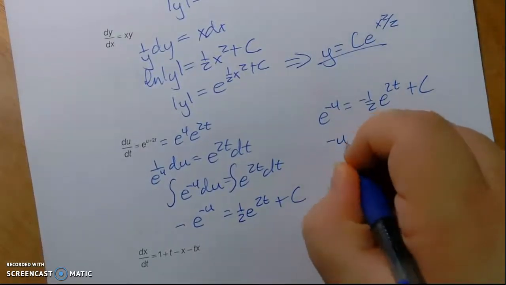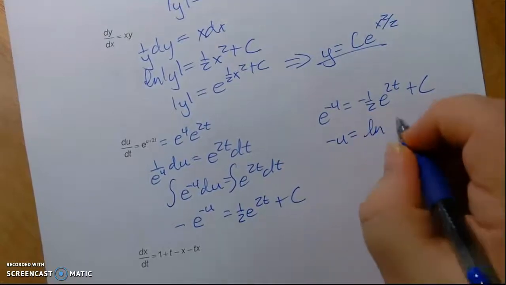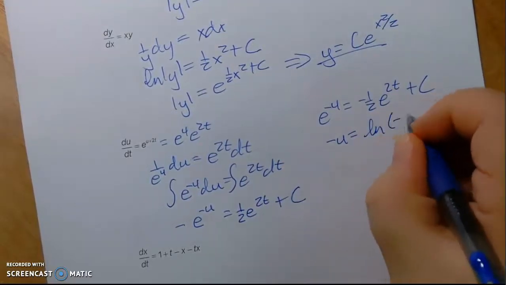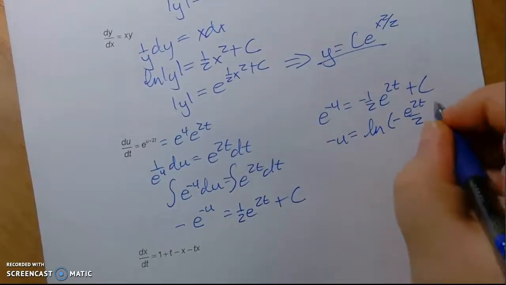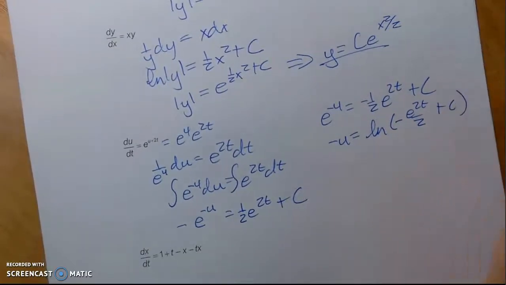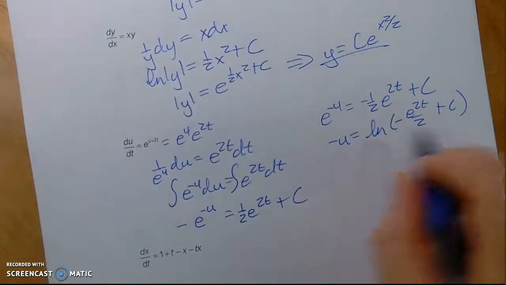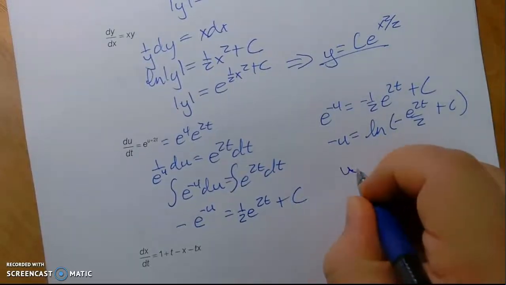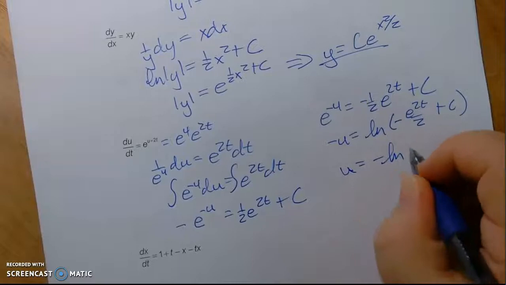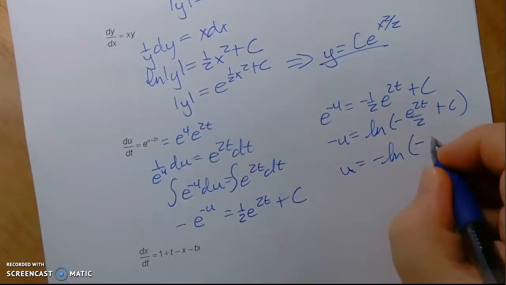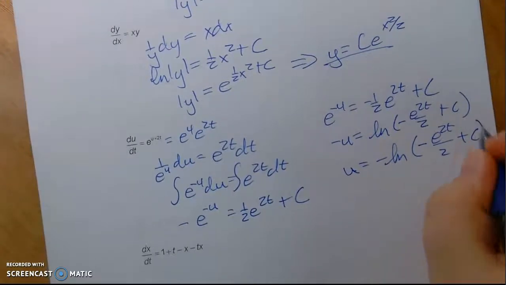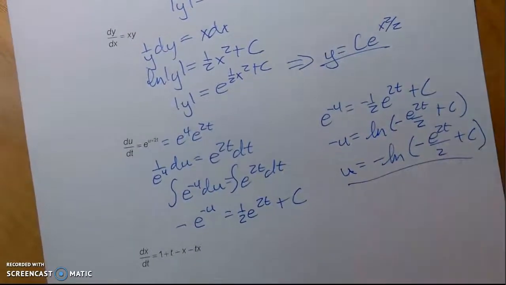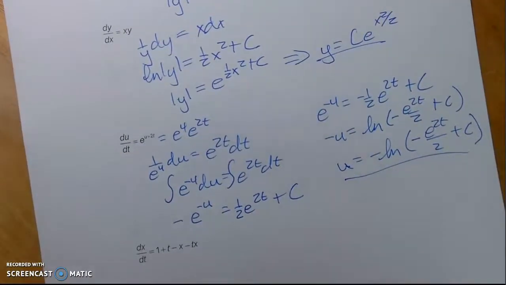So we get negative u equals the natural log of negative e to the 2t over 2 plus c. And then negative sign again, so u equals negative natural log of negative e to the 2t divided by 2 plus c. That is not a pretty problem, but we can do it.